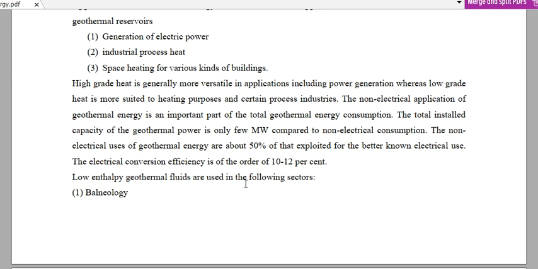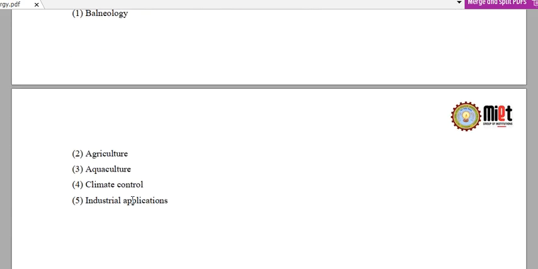It is a very ancient branch of medicinal study, and it has been in practice for hundreds of years. Next is use of hot water in agriculture or aquaculture, for climate control, and several industrial applications. So in industrial applications, it can be used for heat exchange in various processes.